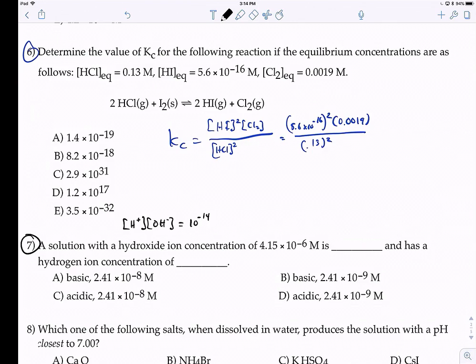You can do it a couple ways. Hydrogen ion times hydroxide ion is 10 to the minus 14, which means then hydrogen ion is equal to 10 to the minus 14 all over hydroxide ion, which is 10 to the minus 14 all over 4.15 times 10 to the minus 6.